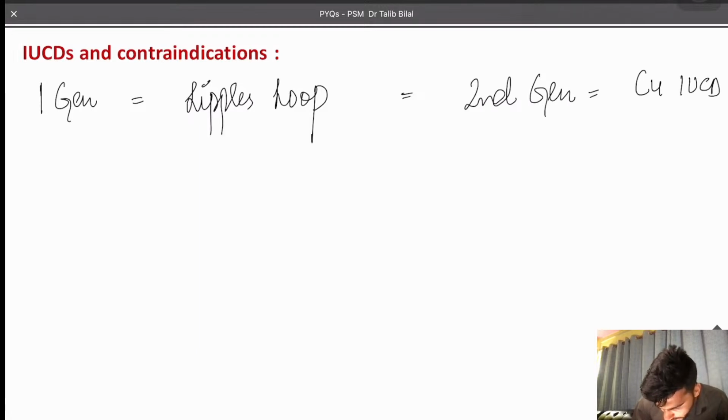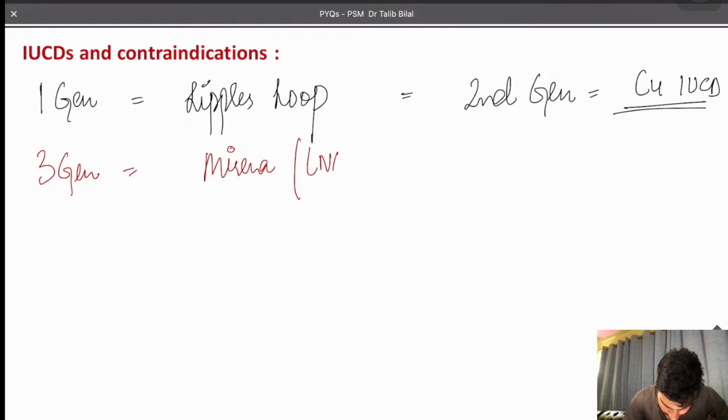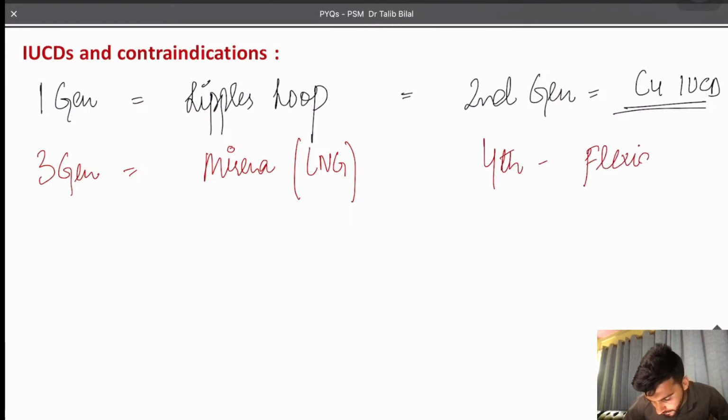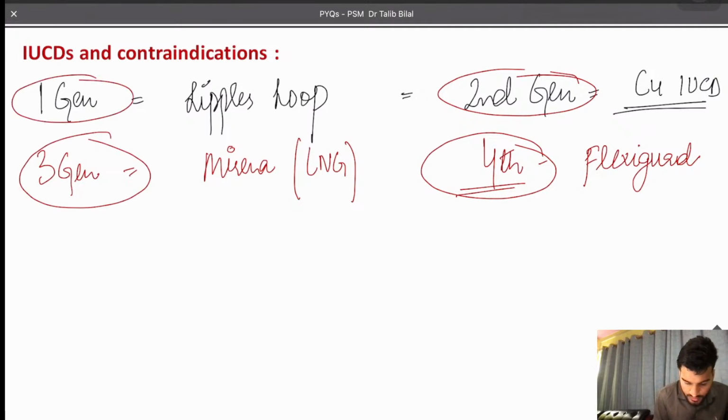In the third generation, you have hormonal ones like Mirena. And in the fourth generation, what is the hormone that is inside? Levonorgestrel. And in the fourth generation, you have Flexigard. So remember, first, second, third, and fourth generation intrauterine contraceptive devices.